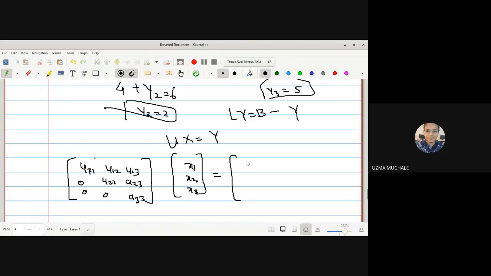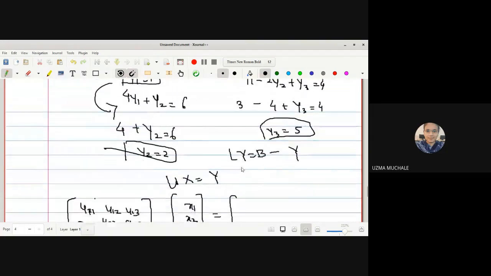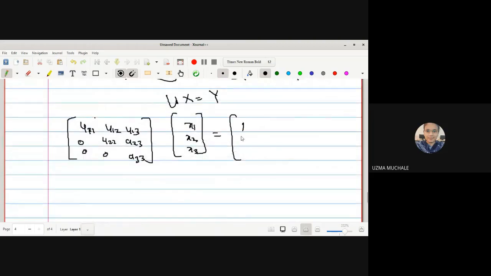The values of y1, y2, y3 we have obtained are 1, 2, and 5.